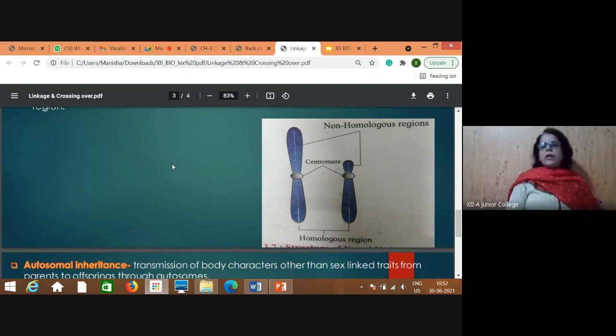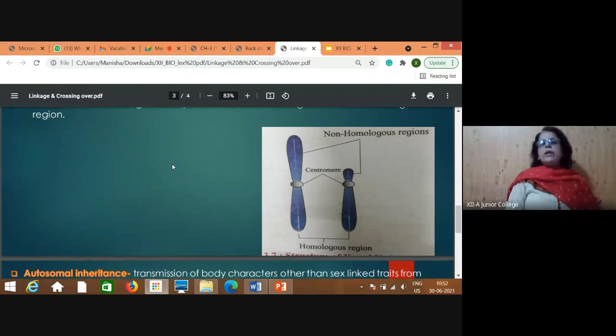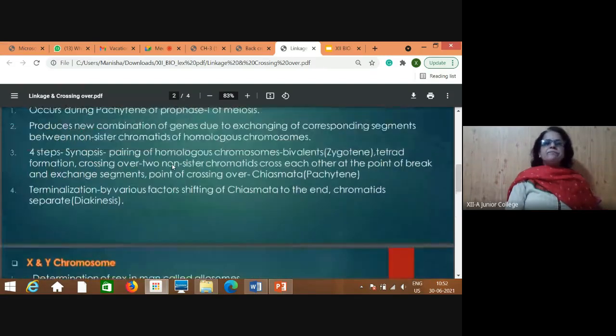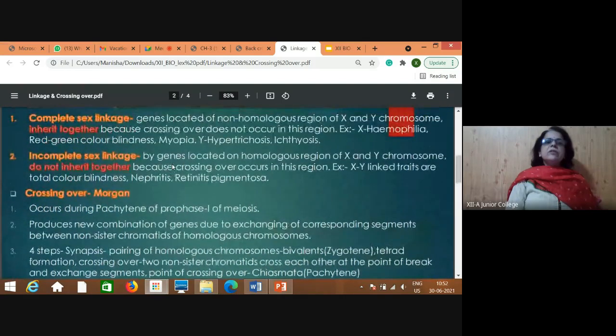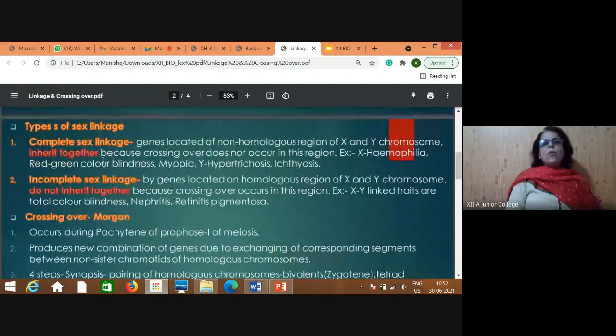Now what we were talking about is incomplete and complete sex linkage. What is complete sex linkage? When genes located on the non-homologous region of the X and Y chromosomes inherit together because crossing over does not occur in this region.